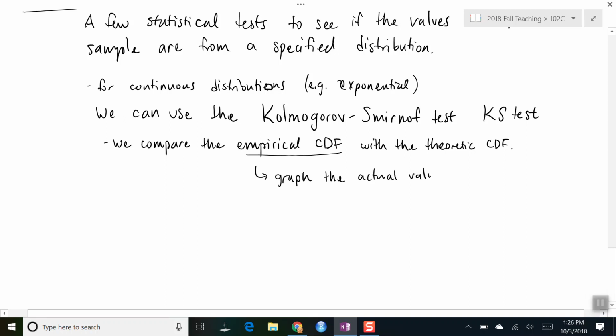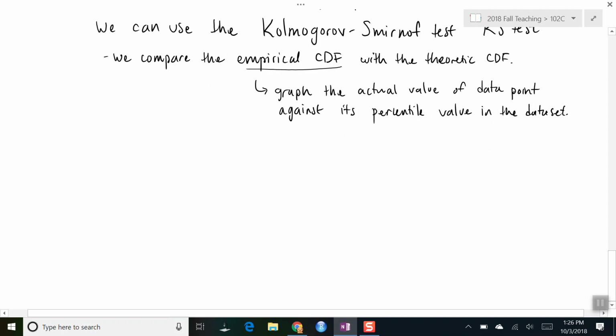Okay, and you graph the percentile against the actual value. So the empirical CDF is just a graph of the actual value of the data point against its percentile value in the data set.